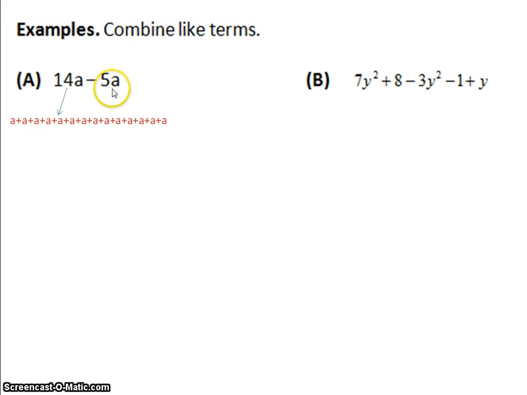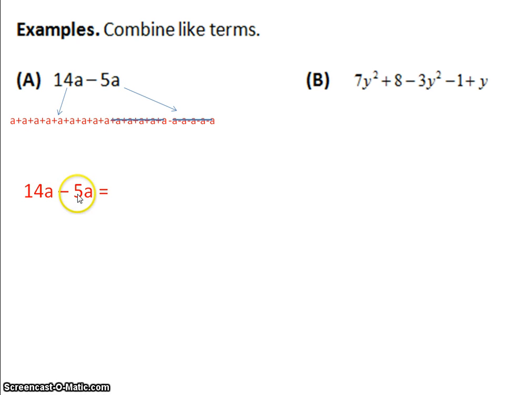5a is a 5 times, but I want to take that away, so it's going to be minus a, minus a, minus a, minus a, minus a. Now these 5 a's that are being subtracted will cancel out 5 a's that are being added. So this is what we are left over with when we combine 14a minus 5a.